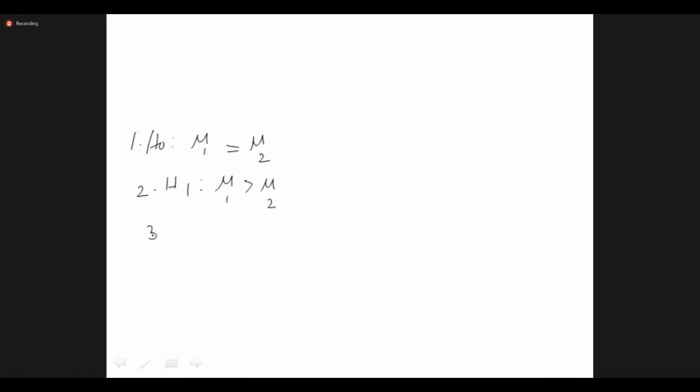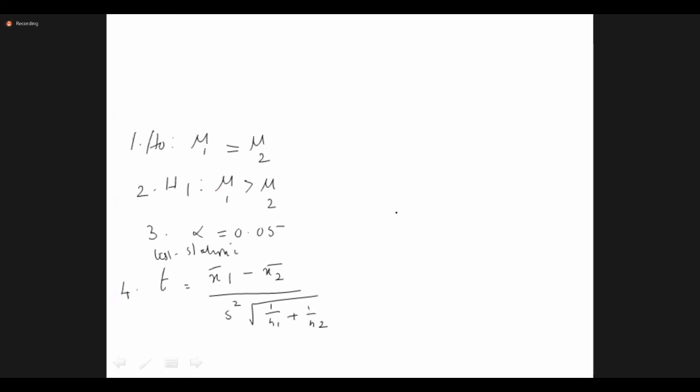Next, third, level of significance alpha. I always take alpha as 0.05 as they are not giving it. Fourth, calculation of the test statistic: T is equal to x1 bar minus x2 bar by root of s square into root of 1 by n1 plus 1 by n2.